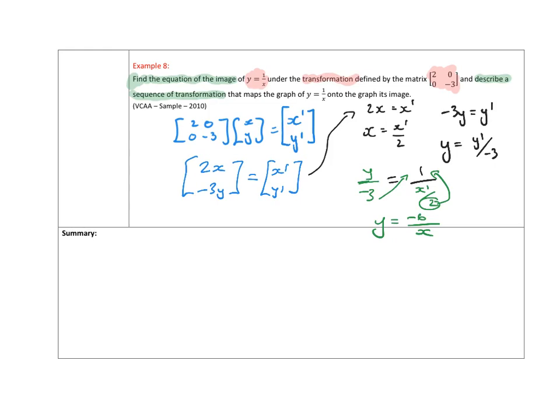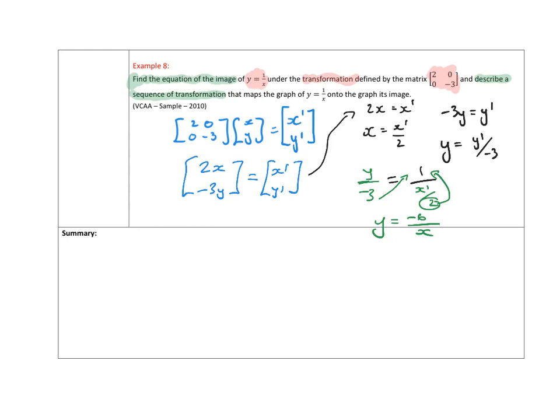Now here we might look at y equals negative 6 over x, and a sequence of transformations could absolutely be that we reflect in the x-axis, or we reflect in the y-axis, and dilate by a factor of 6 from the x-axis, or indeed 6 from the y-axis. All of these are possible, but it's usually best to look to the question.